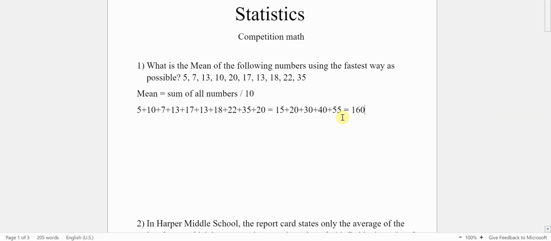That gives us 160. So the sum of all numbers is 160.